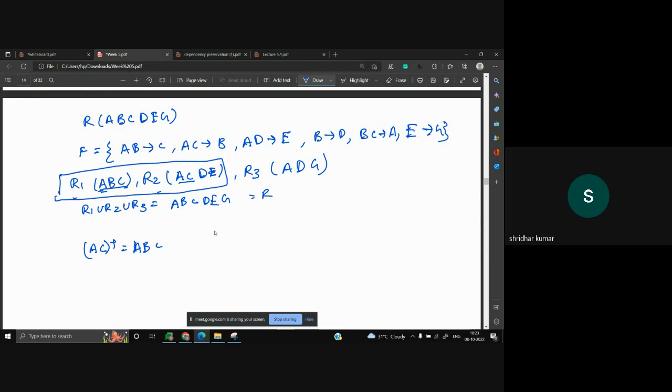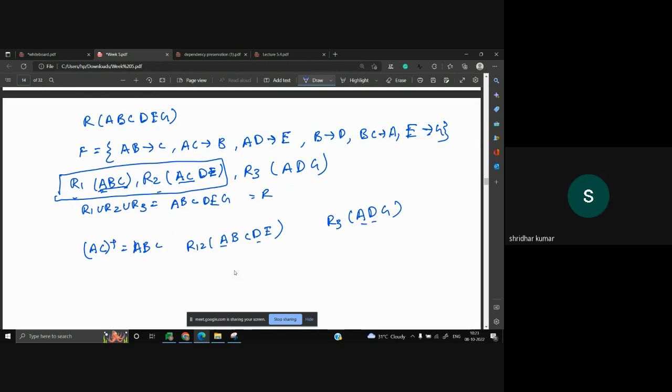So R12 is what we'll get: A, B, C, then D. Up to this is clear. Then you have to check R1,2 and the R3 table: A, D, and G. Then you can say that AD is the common attribute.